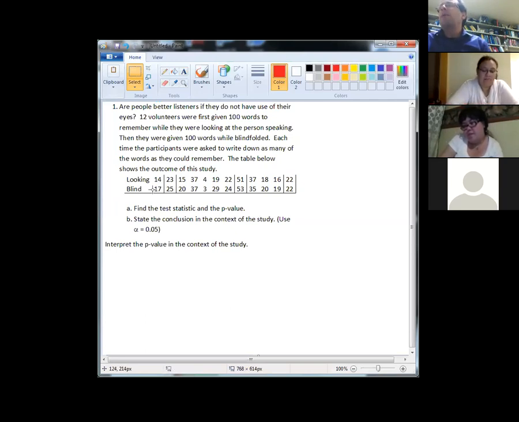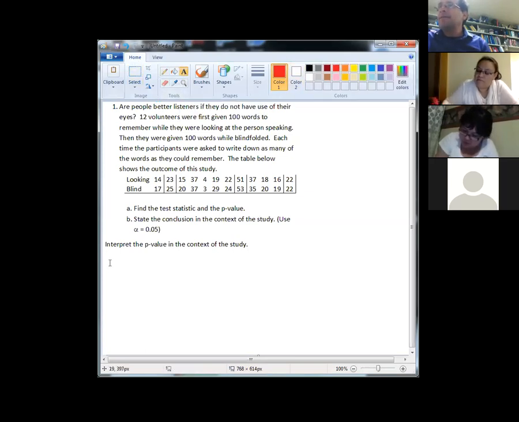So we call this paired. So if these first two numbers that we have, the 14 and 17, come from the same paired thing, then it's paired data and not what we call independent data. The last one was independent. This is paired or dependent. And when we have that, we handle it very differently.